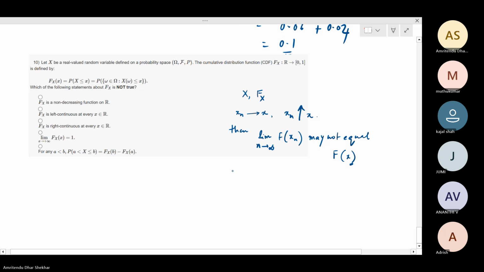However, if x_n is a set of points which tend to x from the right, then this is true.